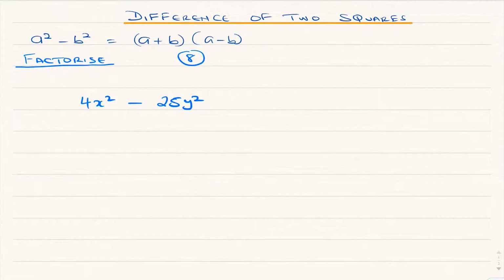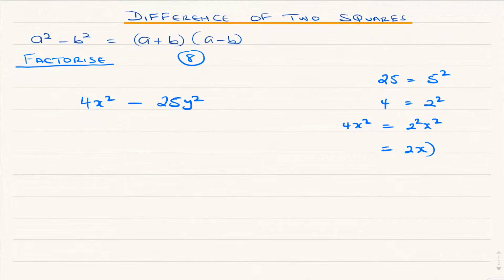Question 8. 4x squared minus 25y squared. Well, 25 is 5 squared and 4 is 2 squared. Hence, 4x squared can be 2 squared x squared, which will become 2x squared.